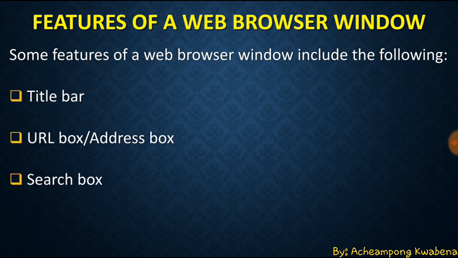So the first bar that we can see in a web browser window is the title bar. The next one is the URL box or the address box. That too is a feature in a web browser window. The next one, we have the search box.